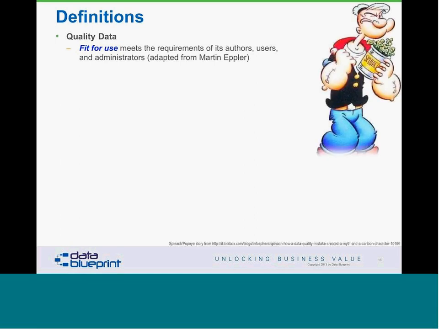And a quick little Popeye story on this as well, because many people are familiar with the character Popeye from the cartoons. And Popeye is always eating spinach. As I was doing a little bit of research for this, I found out that the reason people thought spinach was important was because of a data quality error.